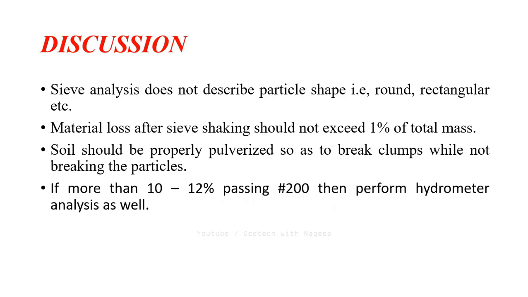The limitation is that if the soil contains 10 to 12% fines, then we can perform hydrometer analysis. Otherwise, if the soil contains 5% fines, or even 8% fines, we cannot perform hydrometer analysis to determine the percentage of clay and silt.